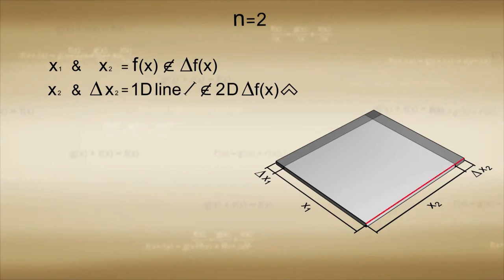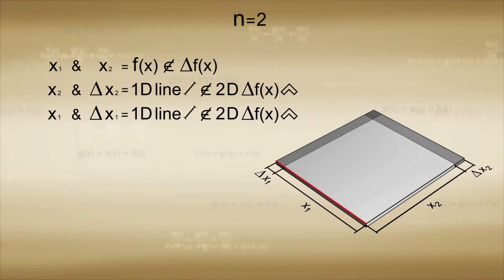This immediately disqualifies the combination x1 and delta x1 as well, and leads us to a rule that says that any volume composed of the same side and its change in the side doesn't have the sufficient number of dimensions to matter in the n-dimensional delta f of x.